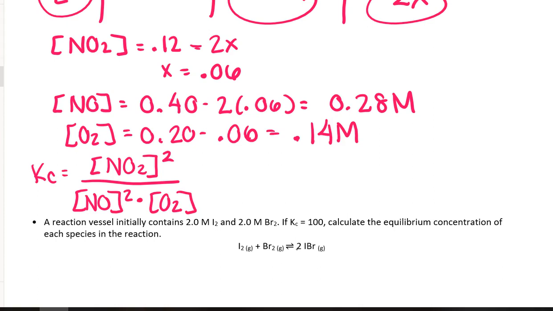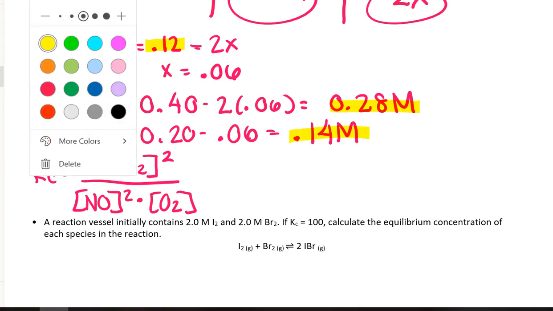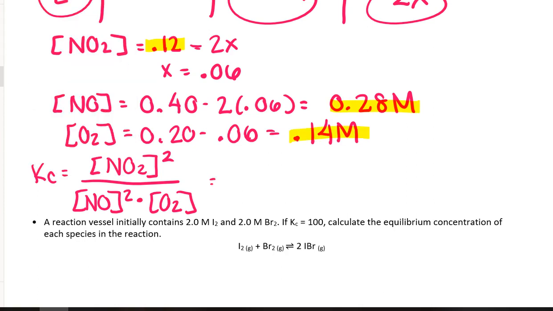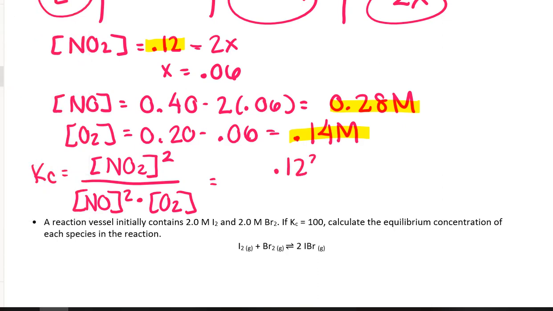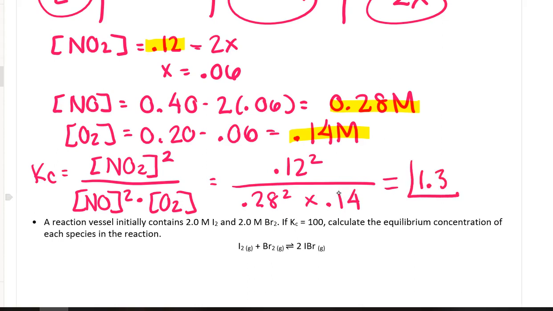And then last step is to plug in our molar concentrations at equilibrium that we just solved for. And rounding to two significant figures, we should get 1.3.